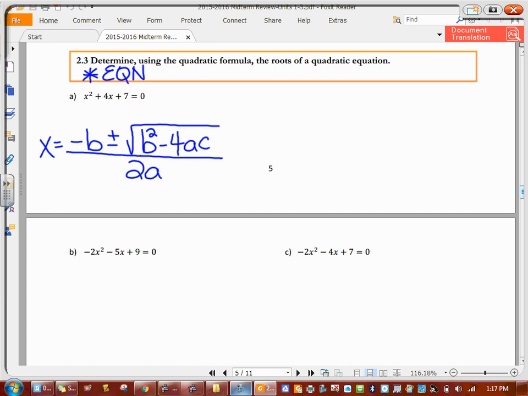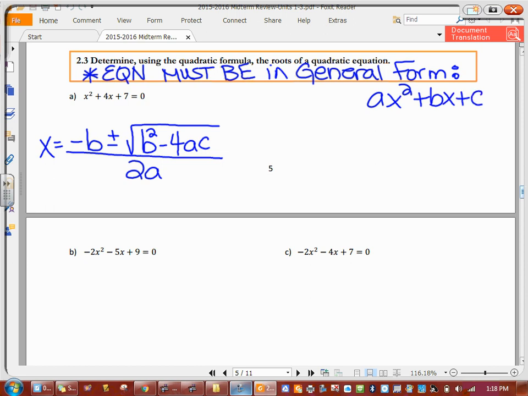So my equation must be in general form, which is ax squared plus bx plus c equals 0. If it's not in general form, you cannot use the quadratic formula. It's as simple as that. It's one or the other. So if you can create general form, then you can use your quadratic formula.